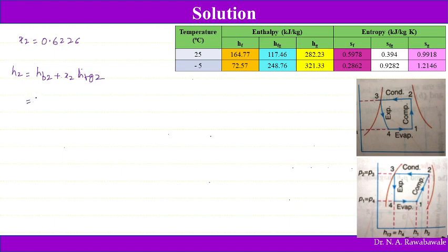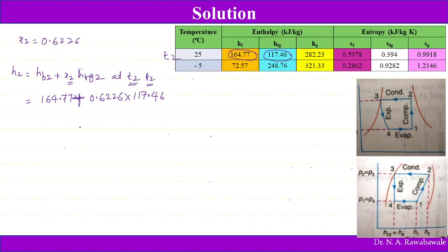HF2 at temperature T2 is 164.77, plus dryness fraction X2, 0.6226, into HFG2 value, 117.46, at temperature T2, or pressure P2, because temperature T2 and pressure P2 remain constant during process 2 to 3.